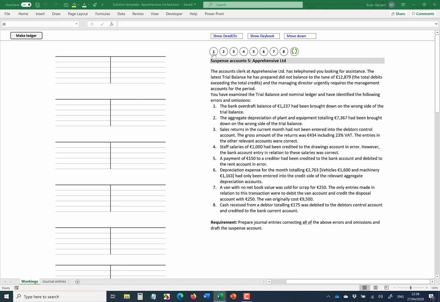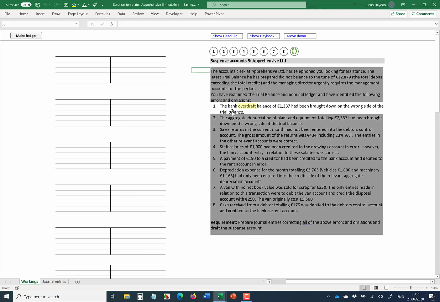Okay, so just focus our attention on the first item here. The bank overdraft balance of 1,237 was brought down on the wrong side of the trial balance. Now, I've highlighted the word overdraft. An overdraft means you owe money to the bank, and in trying to figure out what's the correct side and what's the wrong side for the balance, you need to be familiar with this concept of dead clic.